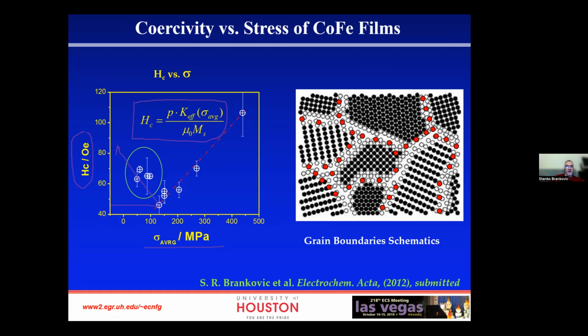Why is that? Well, if you have just a few additives that mess up these bonds at the grain boundaries, it's actually a positive effect, because connectivity of the atoms at the grain boundaries is prevented. But there's another problem.